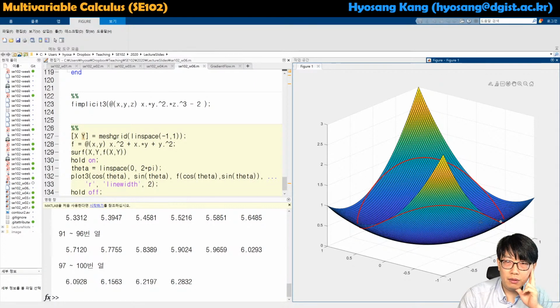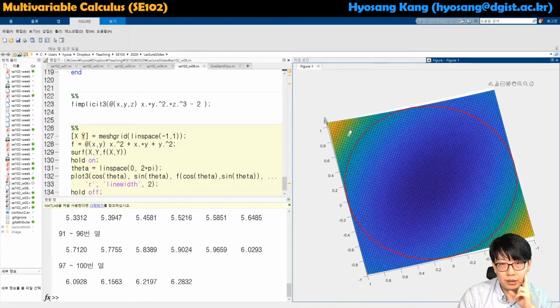And here we have a local minimum, but it's not a global minimum. The global minimum is at 0, 0. But this is a local minimum. So we have global minimum, global maxima, and 2 local minima. Okay, that's all we have for extremal points.